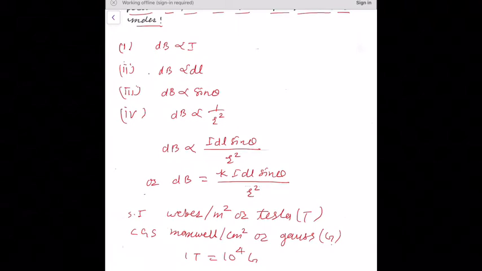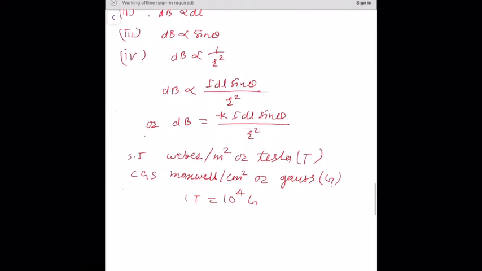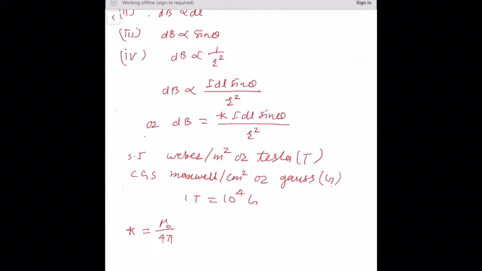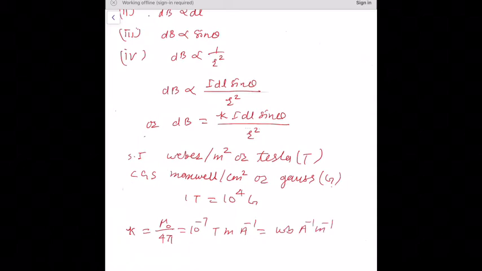If the conductor and observation points lie in vacuum, then in SI units K is equal to mu naught upon 4 pi is equal to 10 to the power minus 7 Tesla meter per ampere, or Weber per ampere per meter, since 1 Tesla is equal to 1 Weber per meter square.